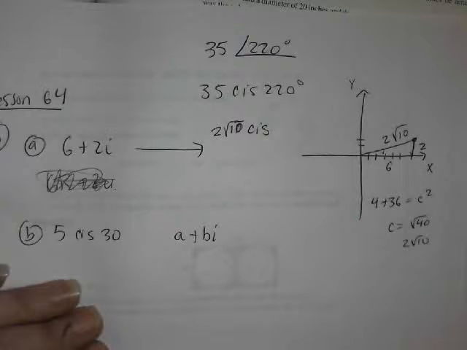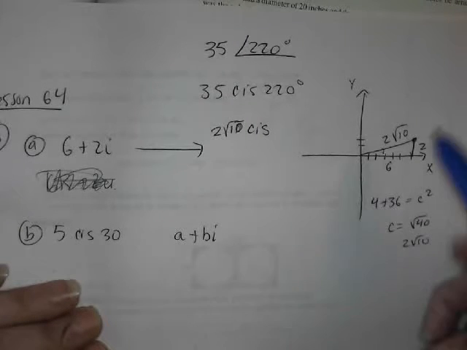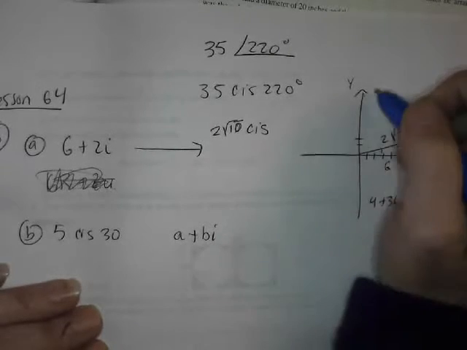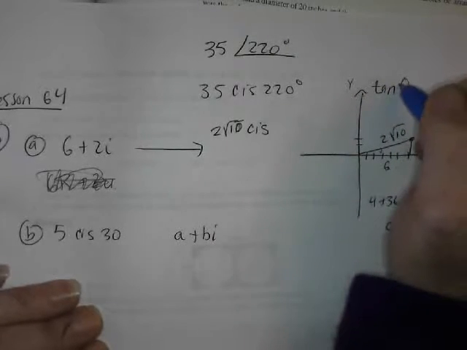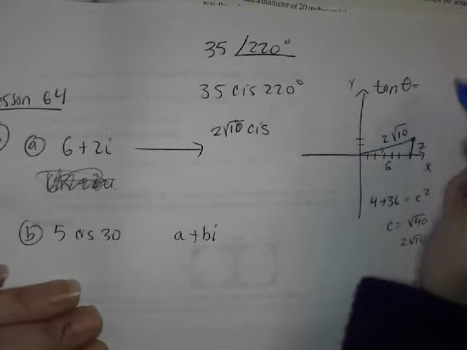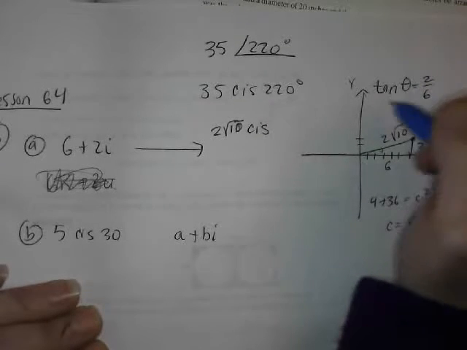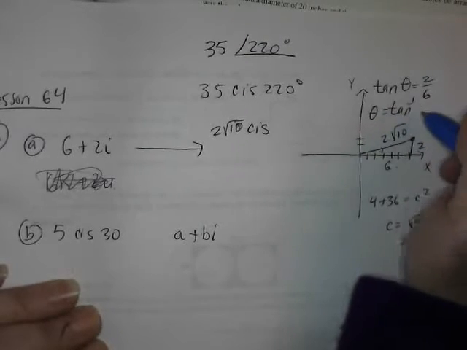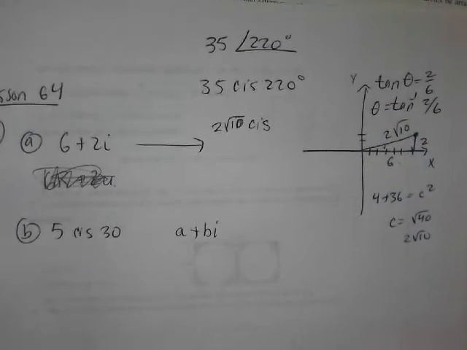Let's use tangent. Opposite over adjacent, right? So tangent of whatever that angle is equals 2 over 6. So inverse tangent both sides, theta equals tangent inverse of 2 over 6.